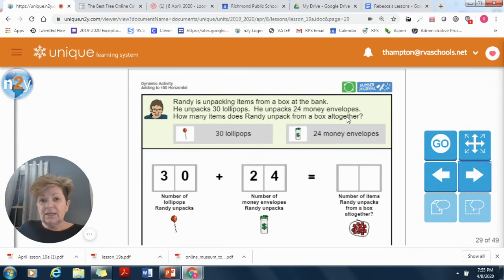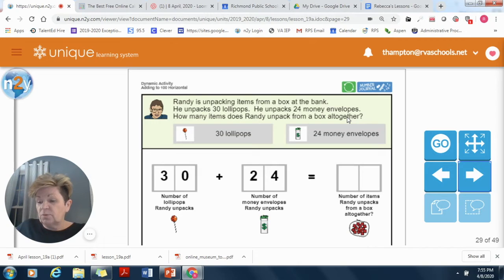And then we look at our tens column and we have 3 plus 2. 3 tens plus 2 tens. So we can say 3, put up 2 fingers and count up 4, 5. Or what else could we do?